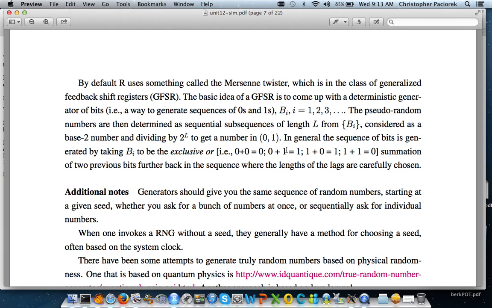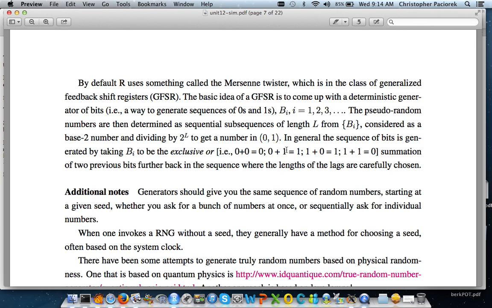And then the idea is we take L of them, so we're going to be able to represent 2 to the L distinct numbers. We take L of these bits, so from here to here, and we go from base 2 to the base 10 number that it represents. That gives us U_k, and the next block will give us U_{k+1}, and so on and so forth.